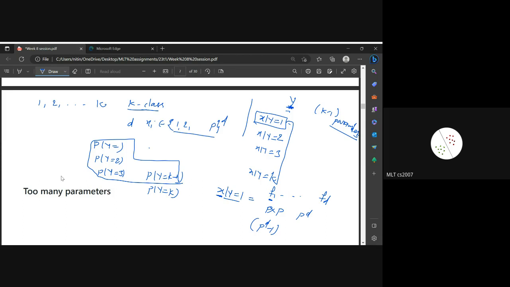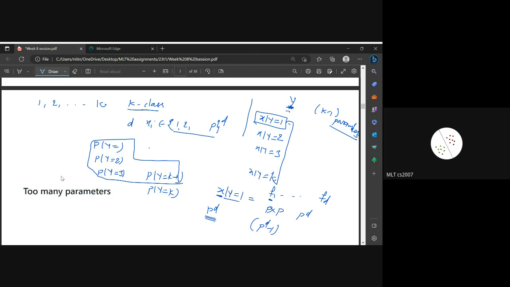This part is not clear. Why should it be minus 1, sir? So you have in total p raised to power d points. Each feature takes p values, not two values here. Yeah, I understand, my question is about the minus 1. Minus 1 because probabilities always add up to 1.